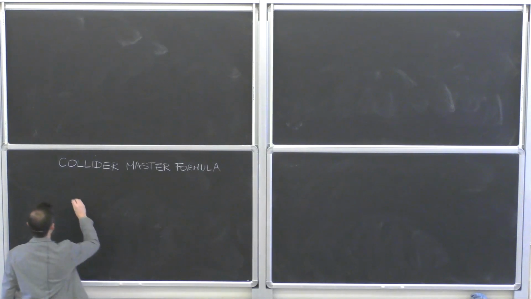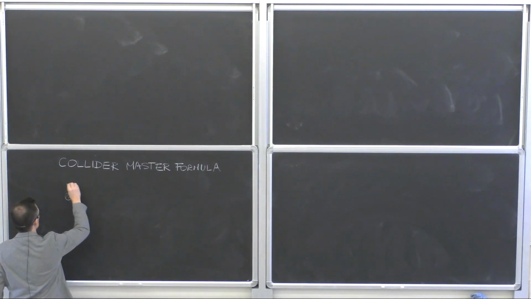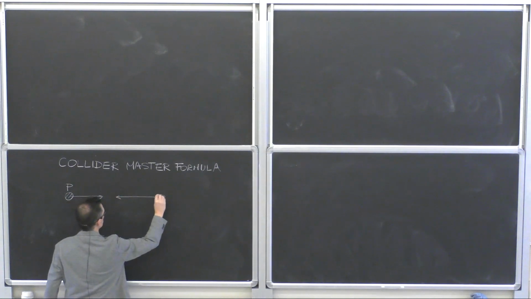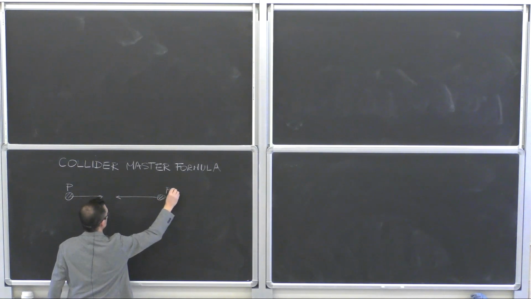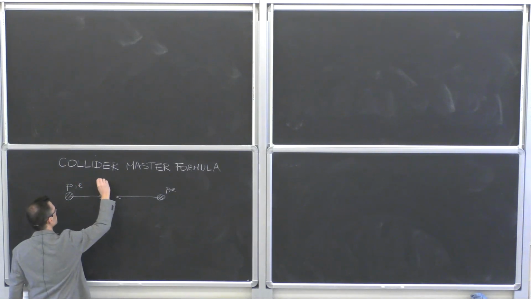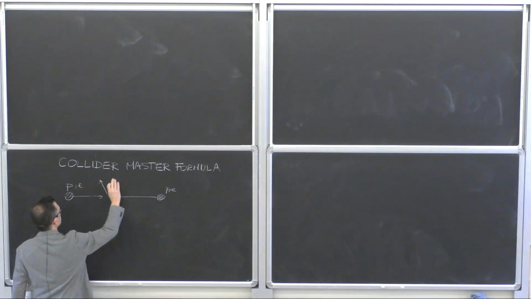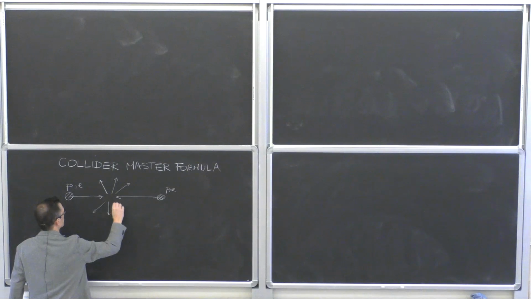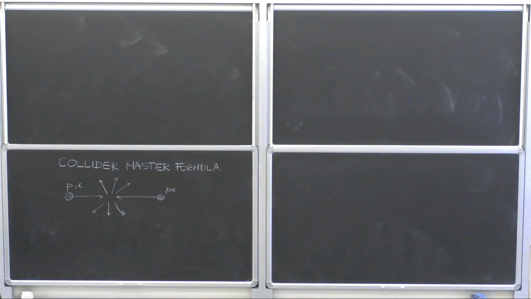Imagine that you collide, in this case, two protons, or in general any collision, and then you produce a final state composed of many particles going out. This is exactly the setup of a scattering experiment, the collider, but also scattering theory in quantum field theory.